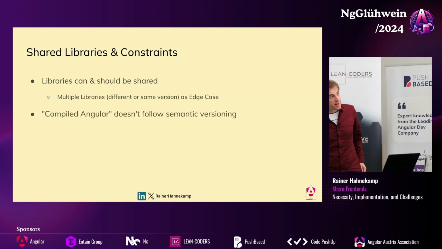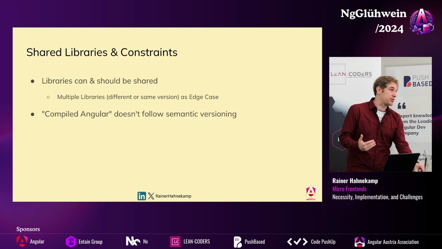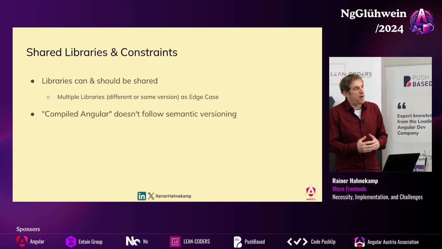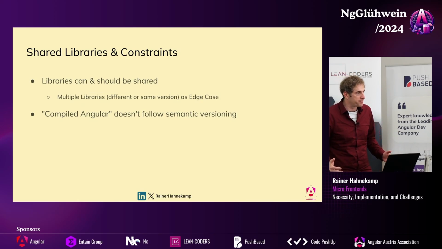This is the problem of module federation, because it sounds too good already. As we all know, Angular is compiled. So the commands that we write will likely look a little bit different. There will be other commands which the compiler will use in our final JavaScript bundle.